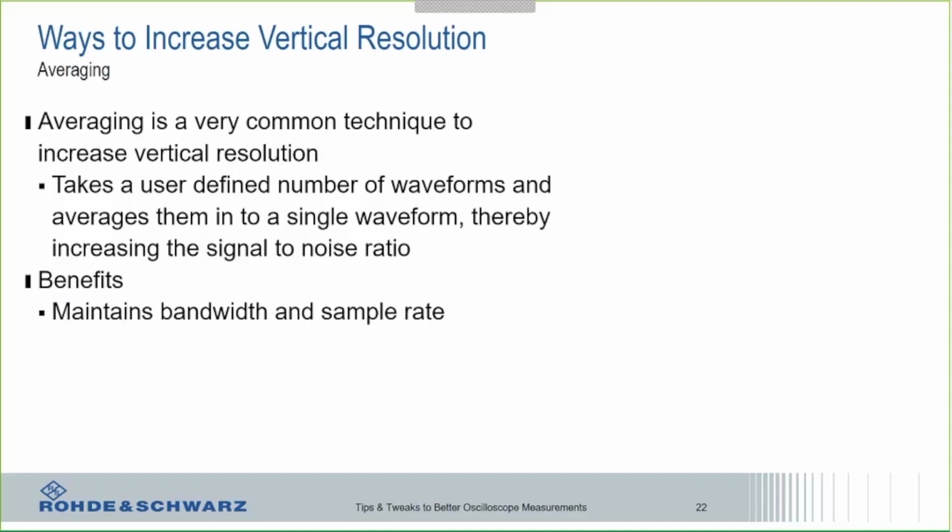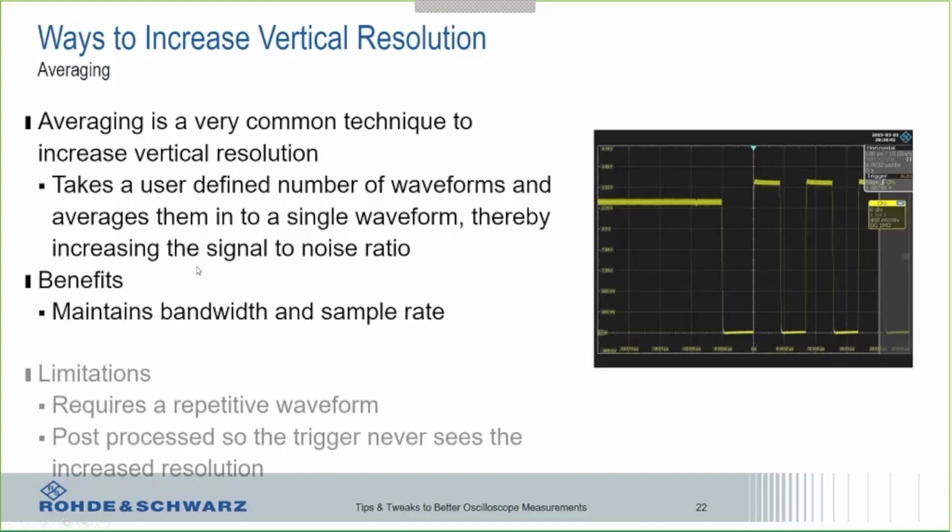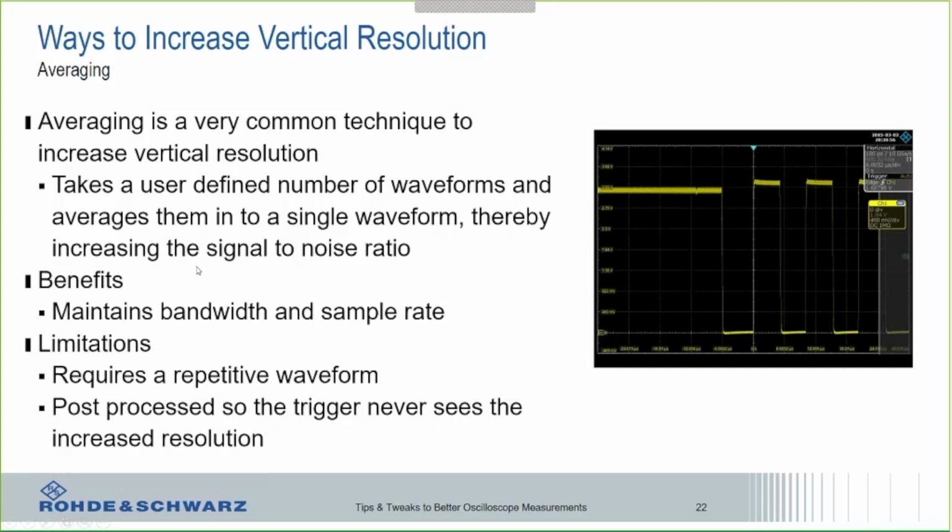The benefit here is it doesn't affect bandwidth. We'll talk about some other ways to increase vertical resolution where you will lose bandwidth. It also doesn't affect sample rate, so you're not going to have to worry about aliasing and those types of things. The limitation is that it requires a repetitive waveform.